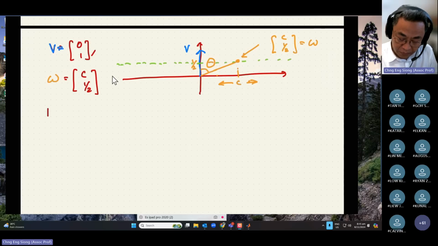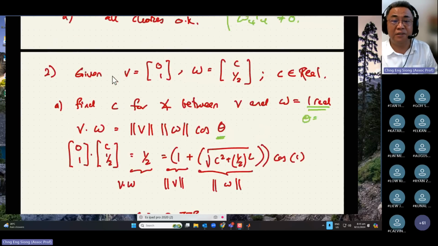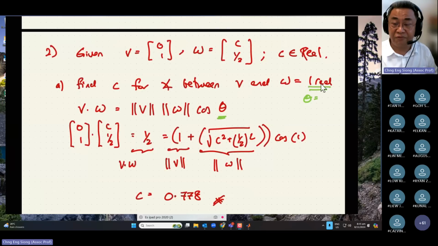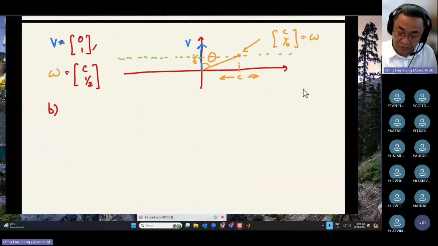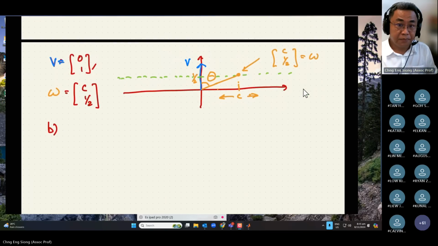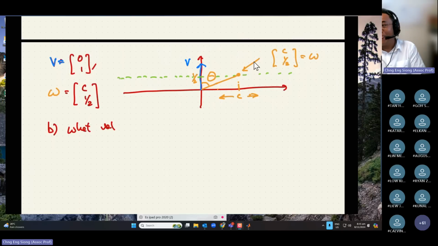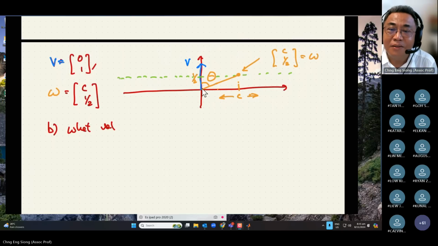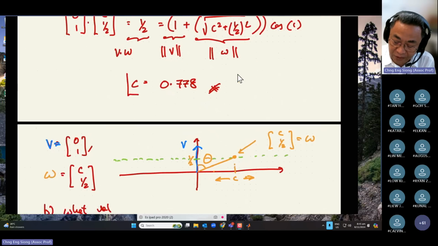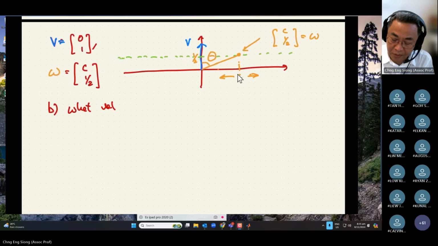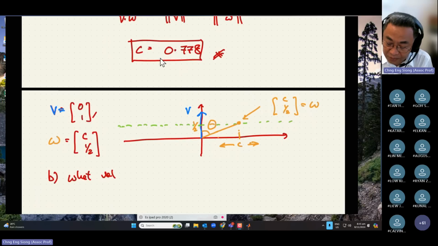The first question is easy: find C given some fixed theta between W and V. The second question is, what happens if C is 0.778?